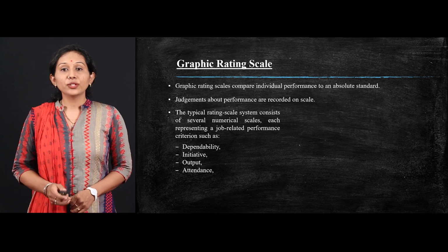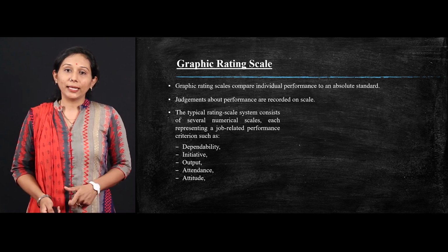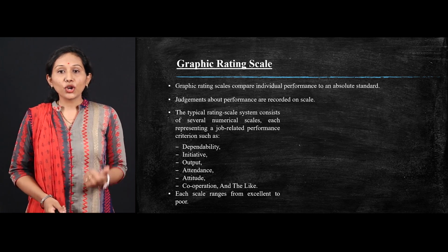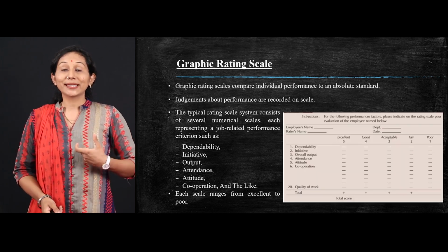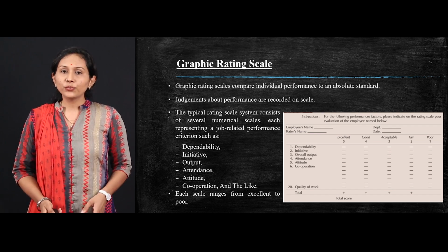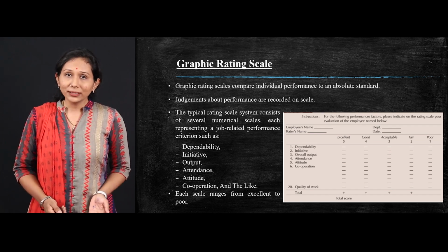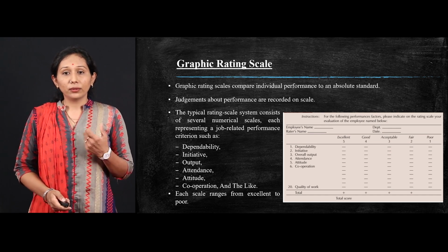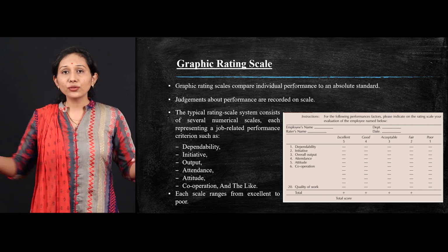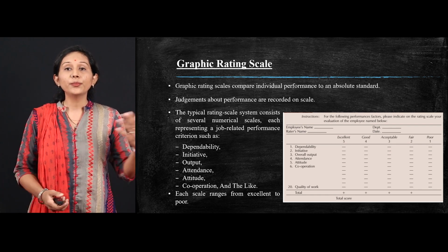The judgments about the performance are recorded on a scale. Here, typically what is done is a job related performance criterion such as dependability, initiative or output or attendance or any other criteria is measured on a scale of 1 to 5 or 1 to 3 or maybe poor to excellent.